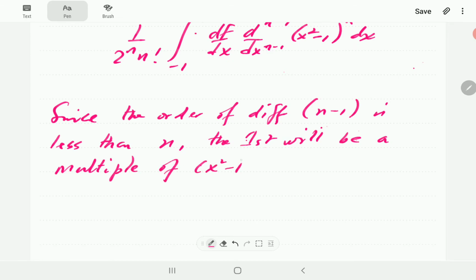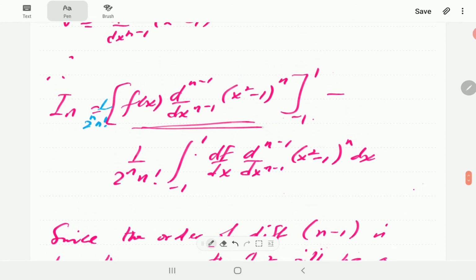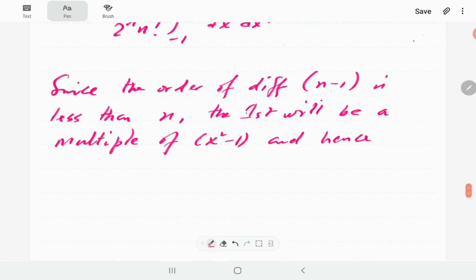There's always going to be an x squared minus 1 multiple there. What that means is that when we evaluate this term at minus 1 and at plus 1, it is going to vanish. So the term vanishes at x equal to 1 and also at x equal to negative 1.